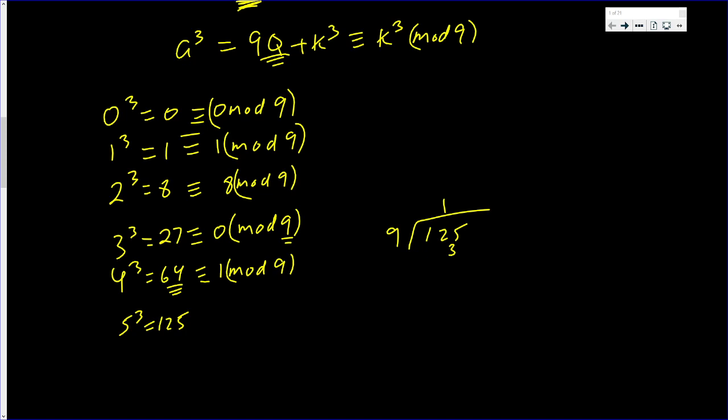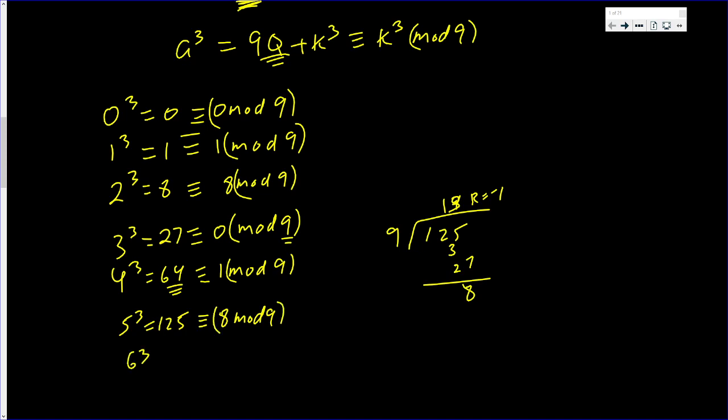I care about the remainder. Now, if we say 9 goes into 125 14 times, then the remainder is -1. But a remainder of -1 is the same as a remainder of 8. Now, I could have said it goes in 13 times, take away 117, get a remainder of 8.